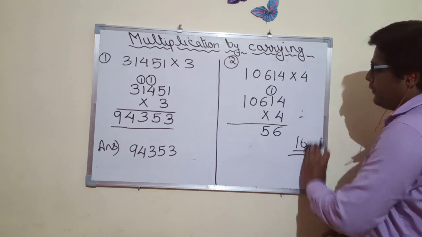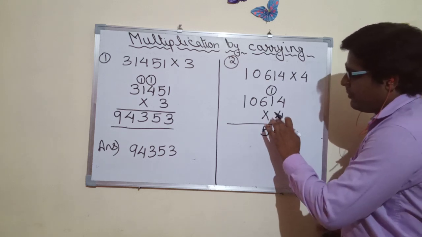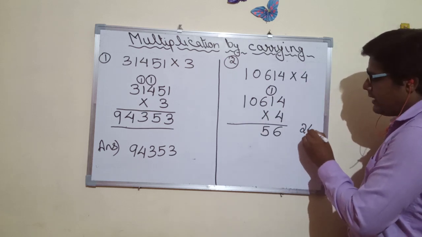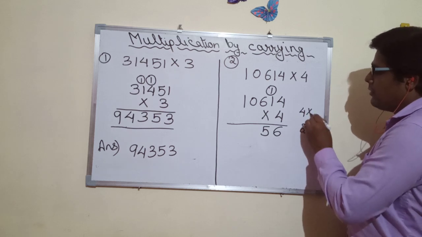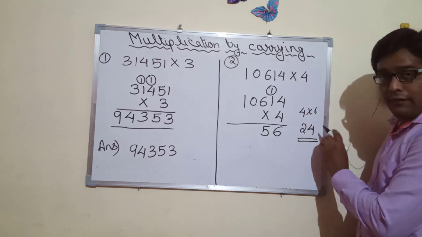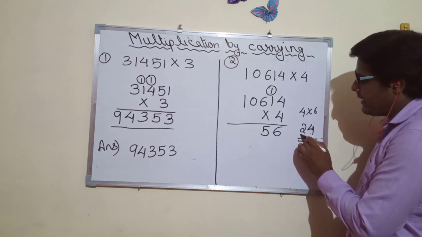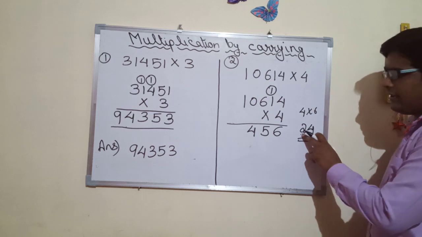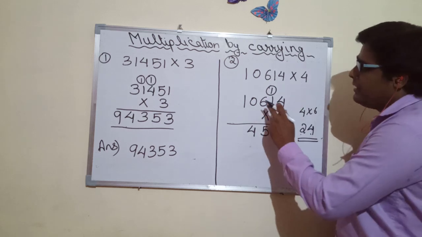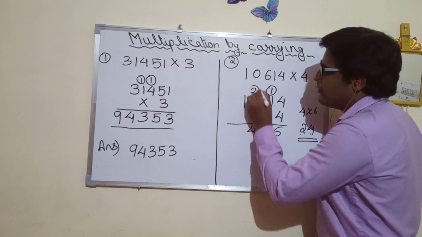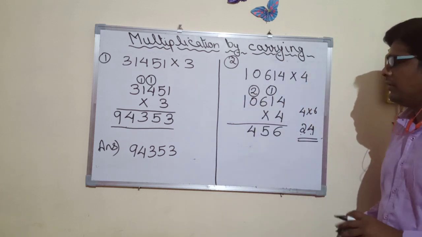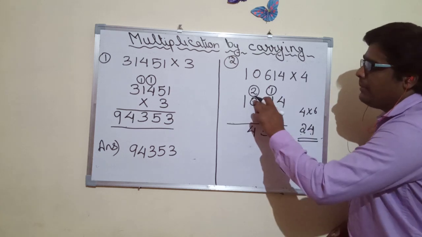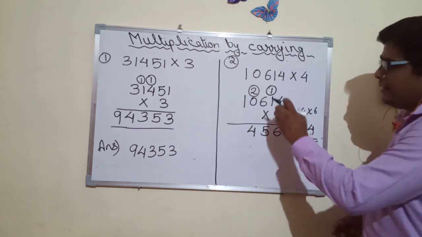Now you multiply this 4 by 6. 4 sixes are 24. 4 is in ones place and 2 is in tens place. So 4 will be written over here, and this 2 will be carried above 0.